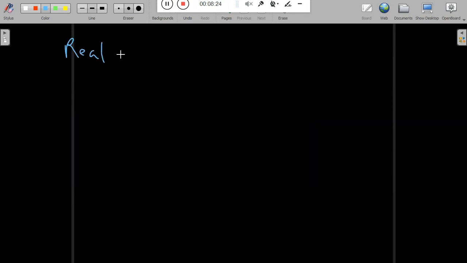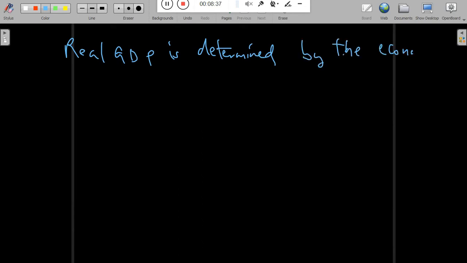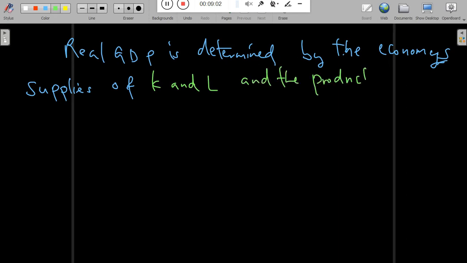So what you need to understand is that the real GDP is determined by the economy's supplies of capital and labor, together with the production function.